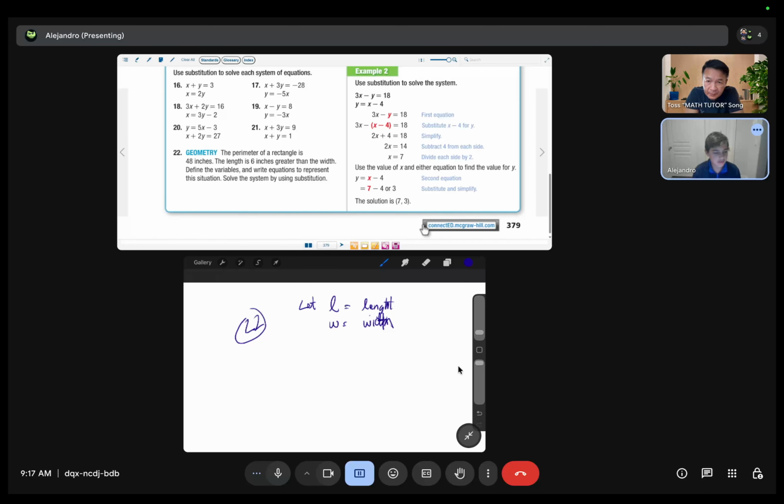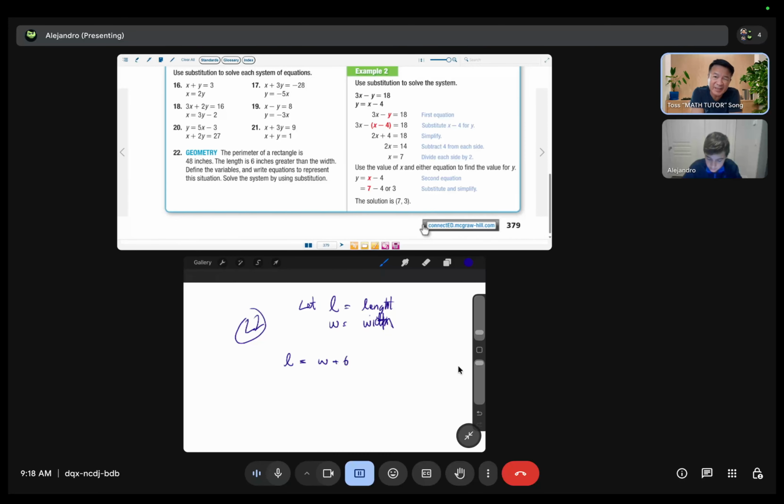The perimeter of a rectangle. I would put L equals. Wait, which one? Okay, you're doing the length. Okay, length equals what? Length is 6 inches. Length is 6 plus W. Yes. Now, if you know this is actually true, I would recommend you put W plus 6. Is that okay? Yeah, switch them around.